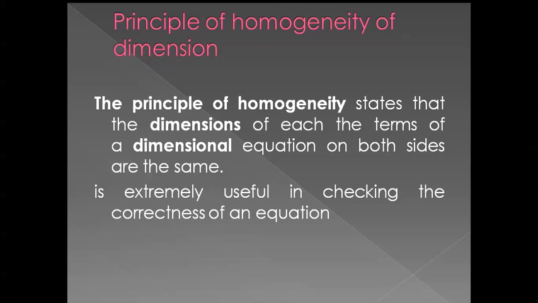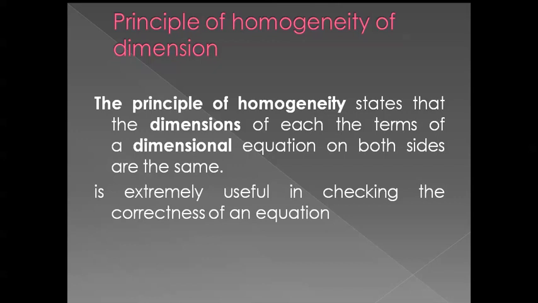If we write an equation, it has a minimum of one term on the LHS and a minimum of one term on the RHS, with an equal to symbol. For example, V equal to U plus AT. This is an equation.